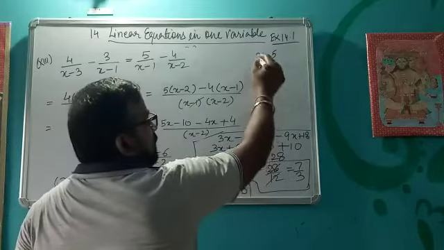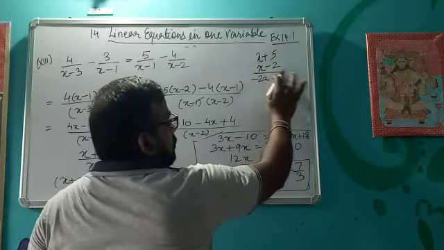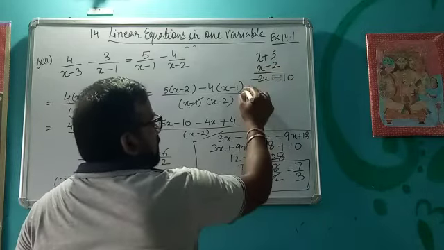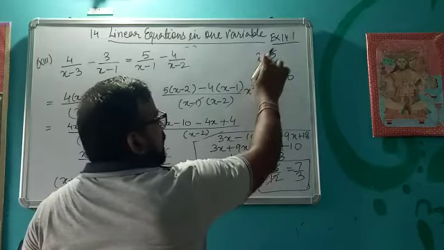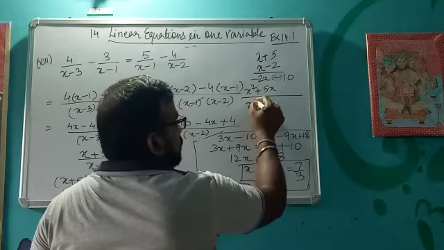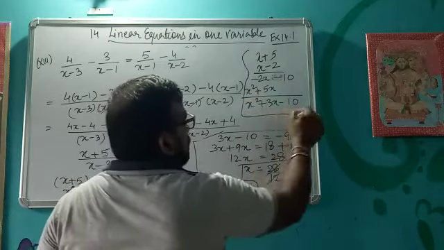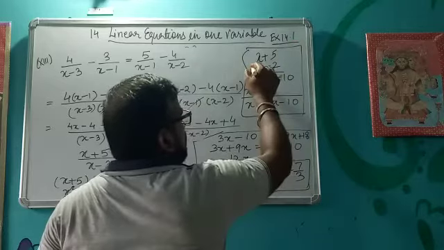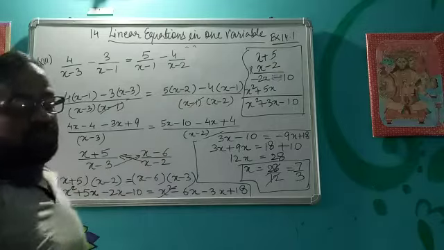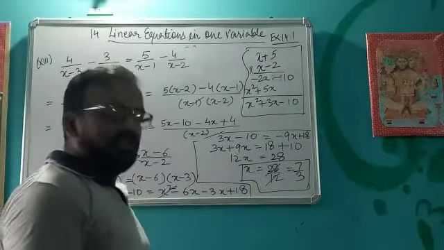Then minus 2 into x, minus 2x, minus 2 times 5, you will get minus 10. Then x into x, x square. Then x into 5, plus 5x. And then when you add, you will get 3x minus 10. Okay. So if you do not understand how to do the multiplication, you can do it using the column method. So finally you will get x equal to 7 by 3.